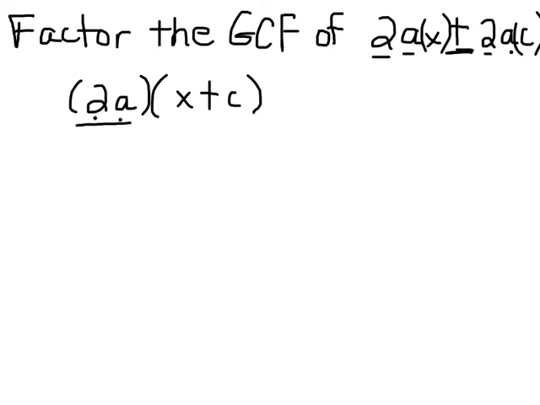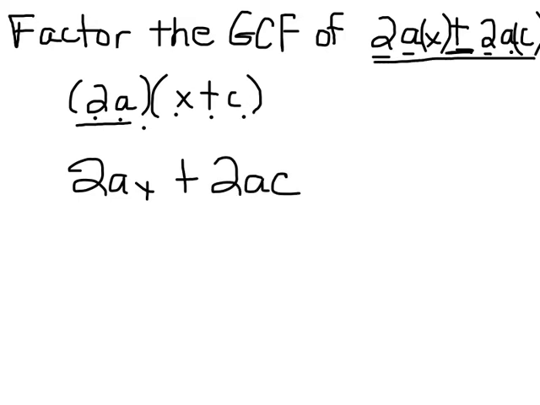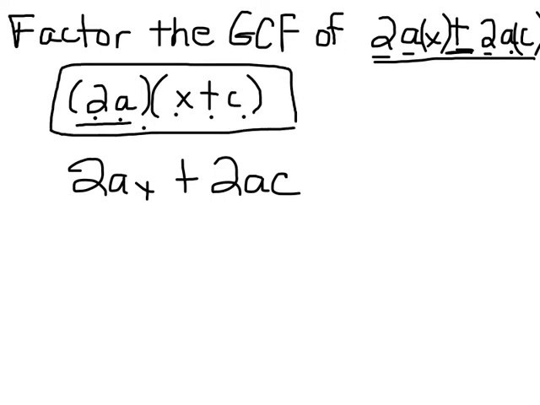So 2a and then x plus c. If I multiply this, 2a times x is 2ax, 2a times c equals 2ac, and I'm right back where I was before I factored. So this would be the answer of a problem like this.